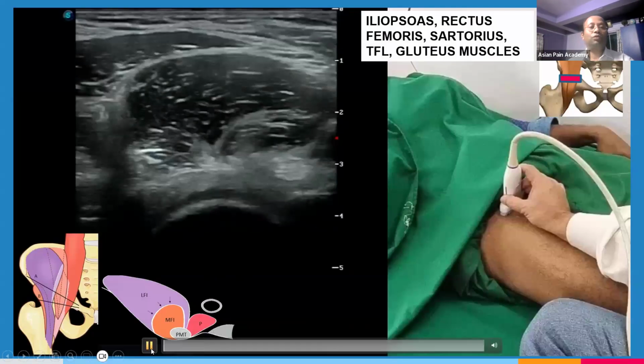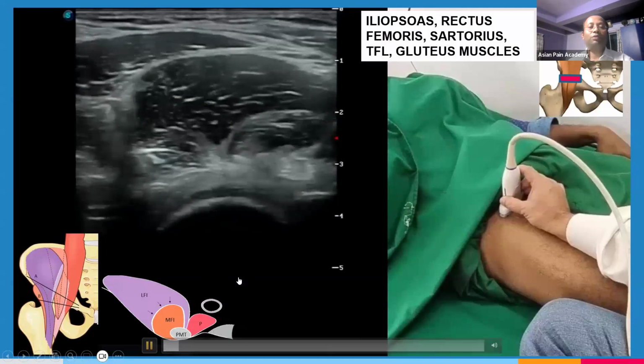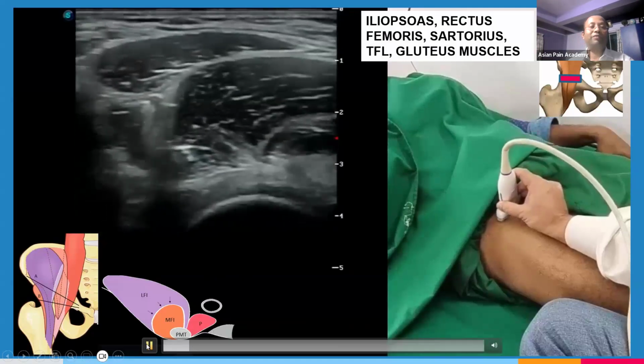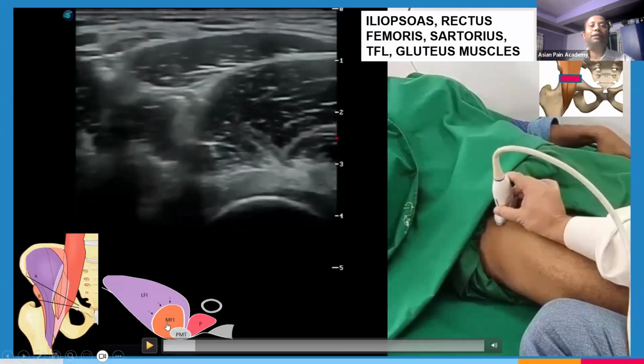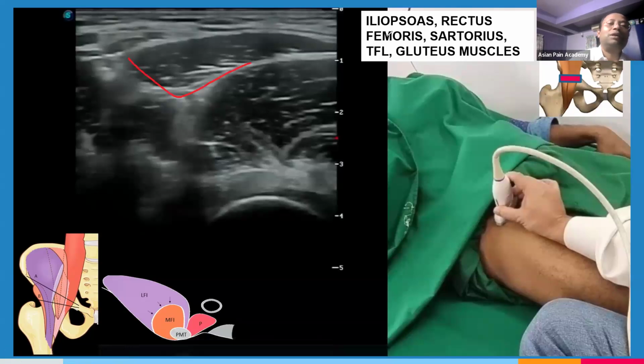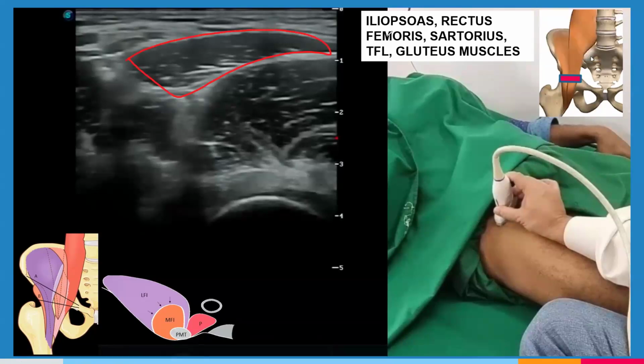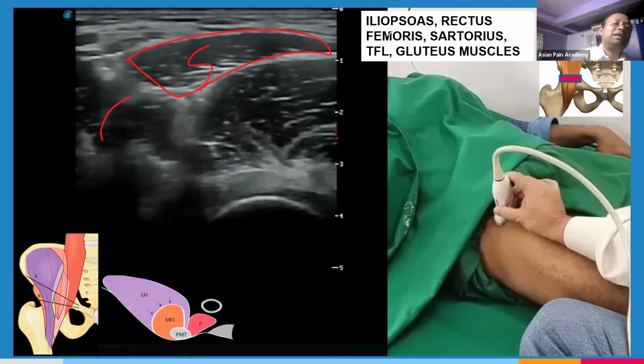I'm coming, you see the ultrasound probe, I'm coming from medial to lateral. Anyone can say what is this muscle? Sartorius. Sartorius.